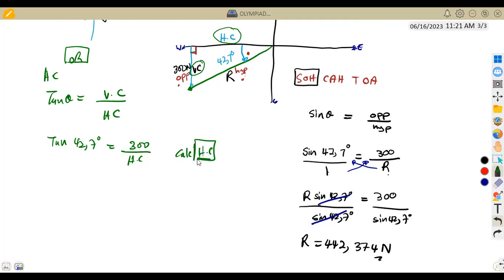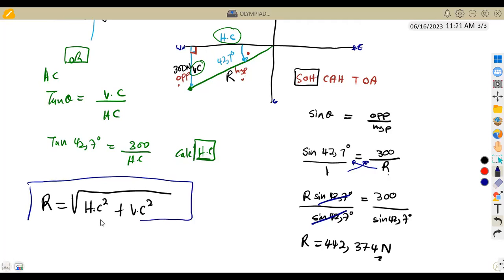After calculating the horizontal component, I can calculate the resultant because, like we saw from the previous part, the resultant is equal to the square root of the horizontal component squared plus the vertical component squared. So we can also calculate the value of R this way, by first calculating the horizontal component.